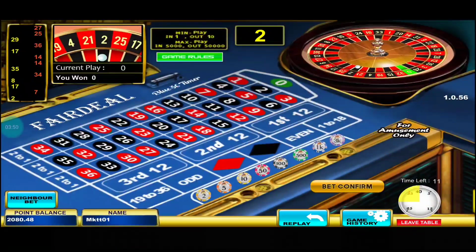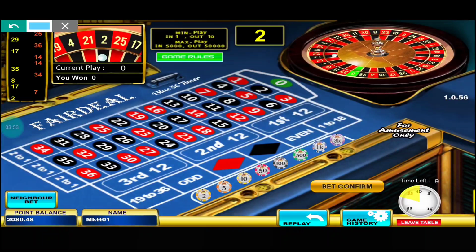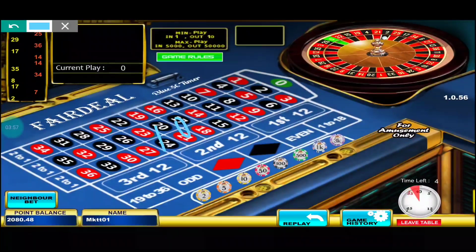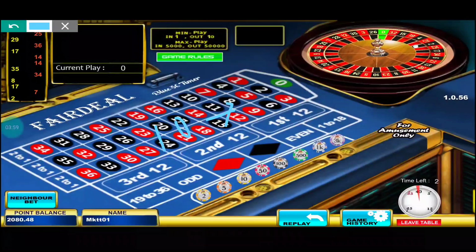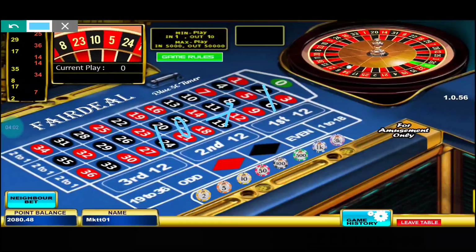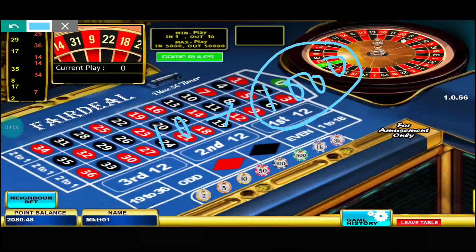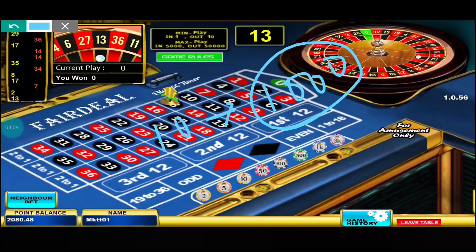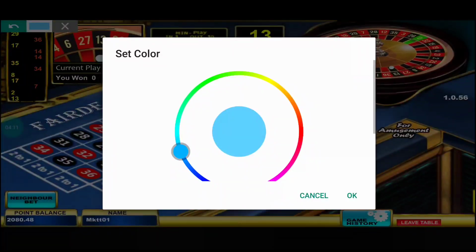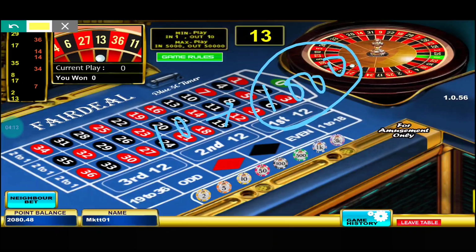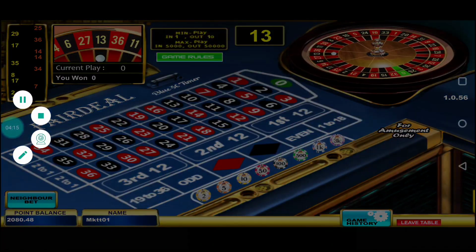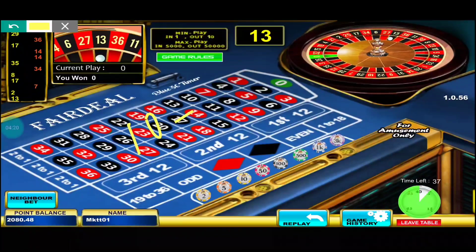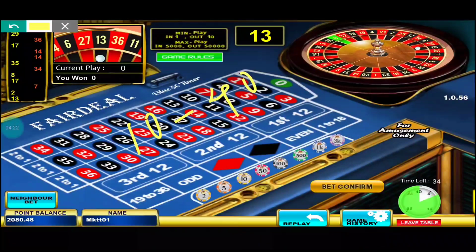But one thing you have to remember is that you need to have a bigger bankroll. If you are playing with $10 bets, then you need to have at least a $1,000 bankroll so that you can double 2, 3 or 4 times. So as I told you, if you start from $10 bets, then the total bets you need to put is $40.